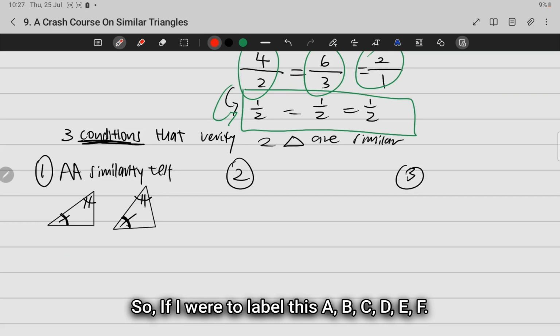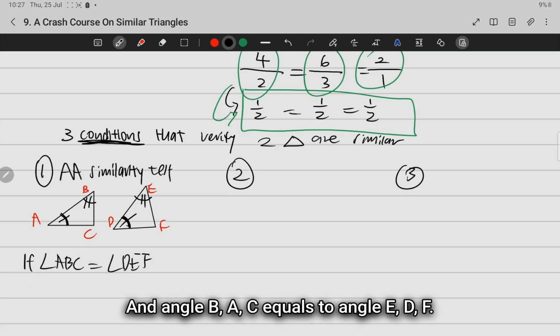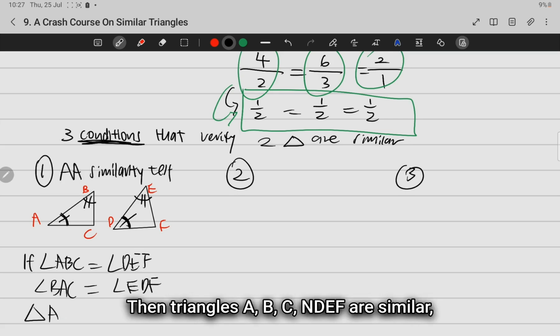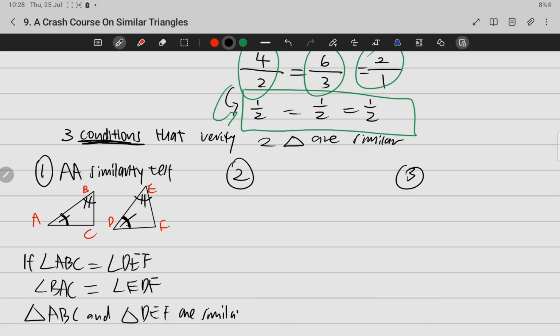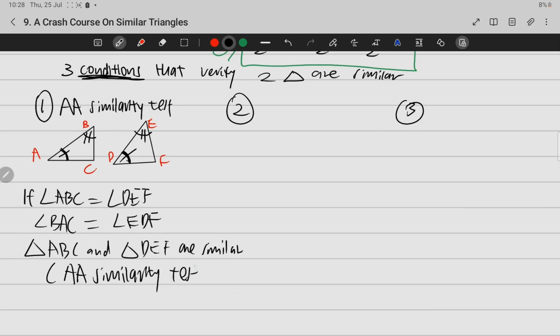So if I label this A, B, C, D, E, F, that means if angle ABC equals angle DEF and angle BAC equals angle EDF, then triangles ABC and DEF are similar, and we call this the AA similarity test.